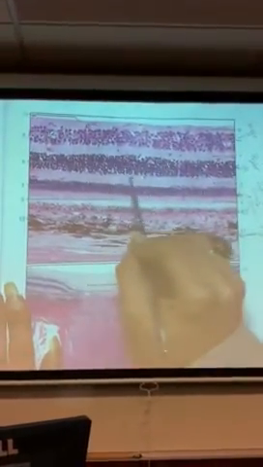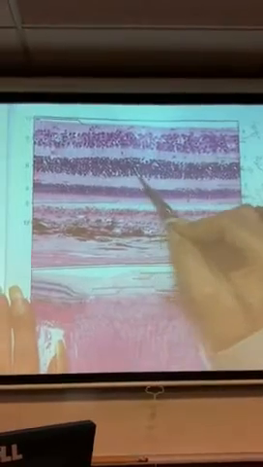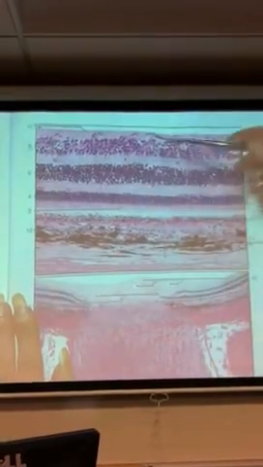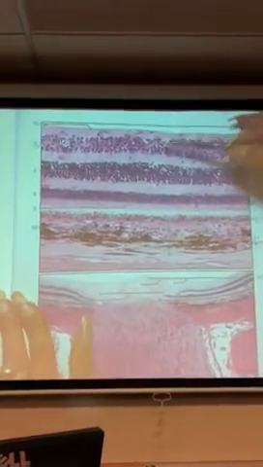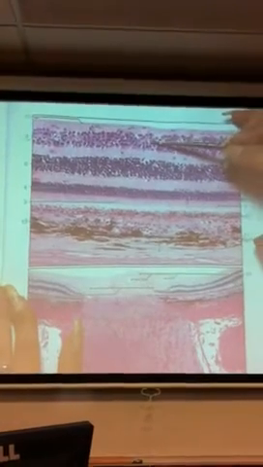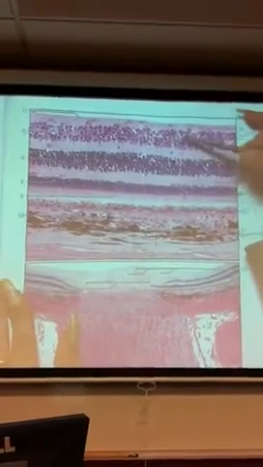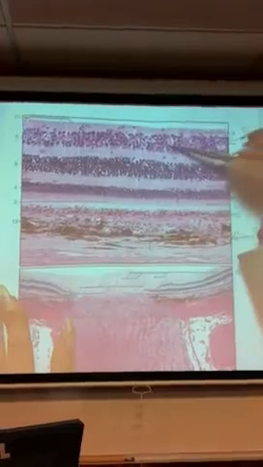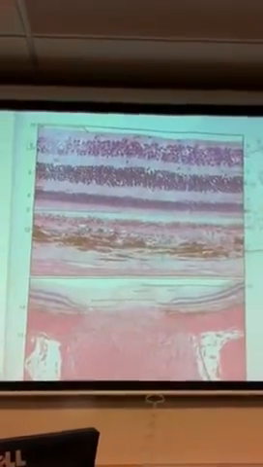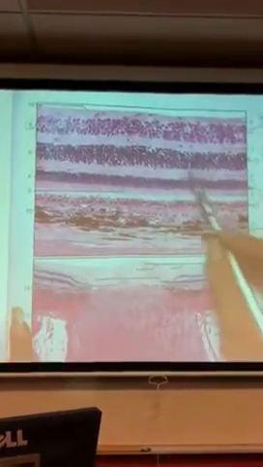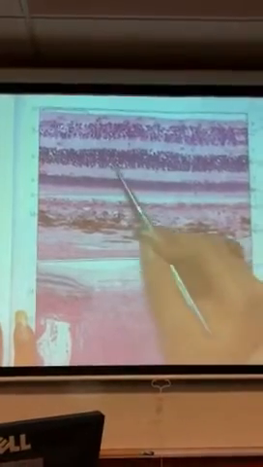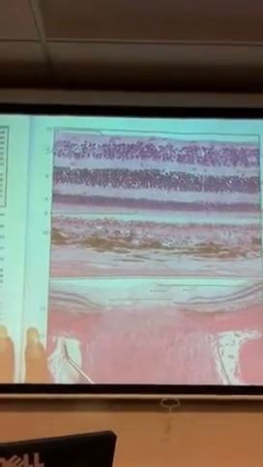So these guys are the nuclei of the bipolar cells, okay? And who comes after the bipolar cell layer? The ganglion cells. The ganglion cell layer, when you take a look at it, you can tell that it's the ganglion cells because the nuclei are much more dispersed. They're not as many as you see in the bipolar cell and the photoreceptor layer, okay?